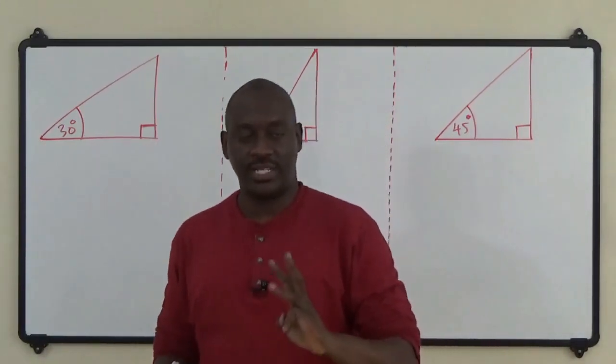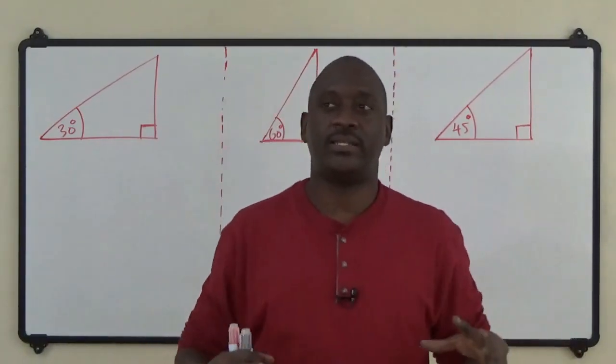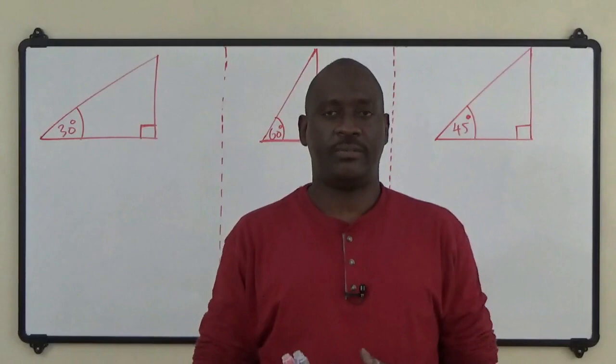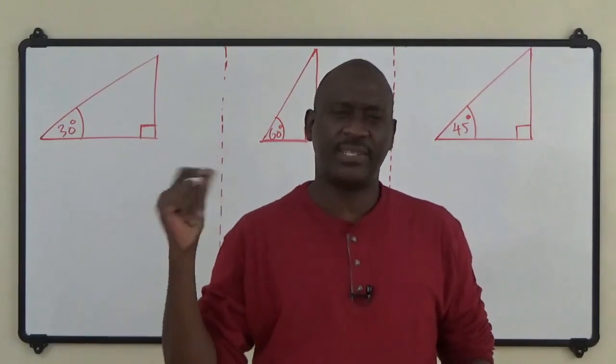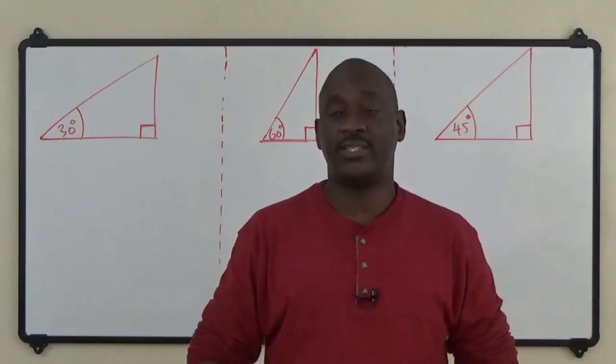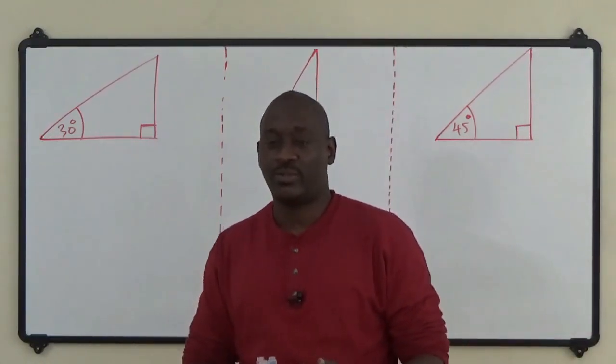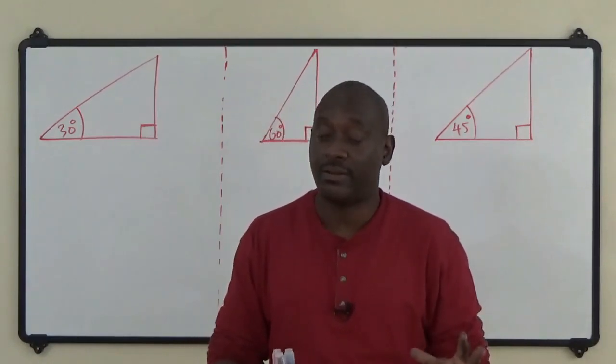These are three angles for which you must have an awareness of all the trigonometric ratios. You need to have them at the tip of your fingers. You need to know that cosine of 60 is so and so, sine of 60 is so and so, tan of 45 is so and so, et cetera.